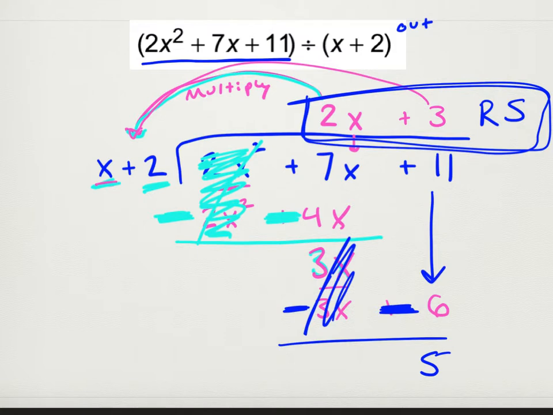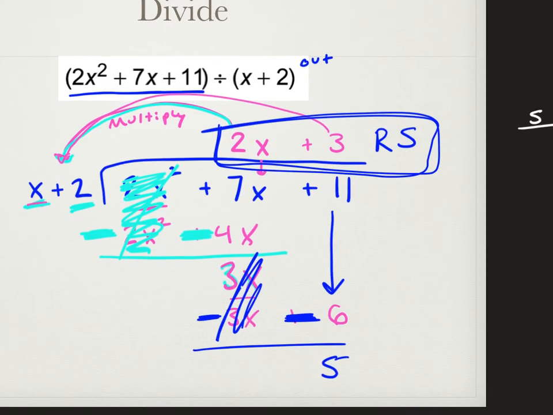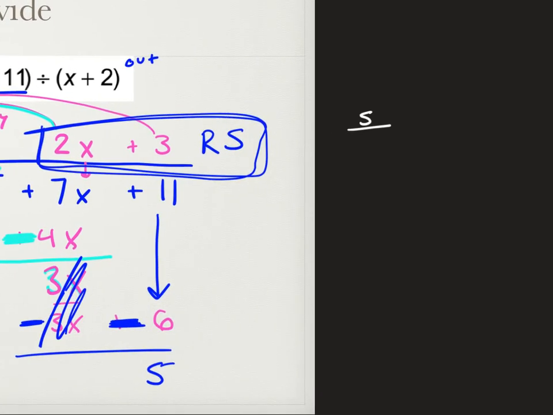Yep. So we could write our remainder as the remainder of 5, or you could write it as a fraction, which would be 5 over whatever we started with outside. I'm gonna stick to the R5. So you could write your remainder like this, or you could write it like this.